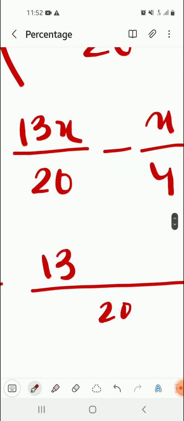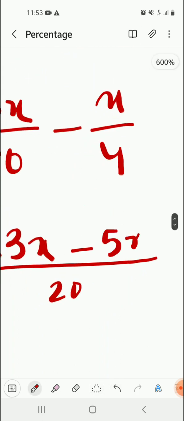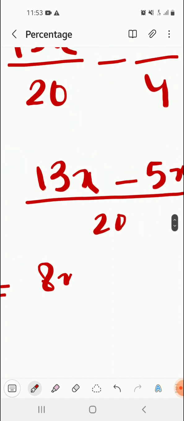Here we have 13x minus, 4 into 5 is 20, so x into 5 will be 5x. So we're going to write 5x here. So 13x minus 5x, 8x by 20.